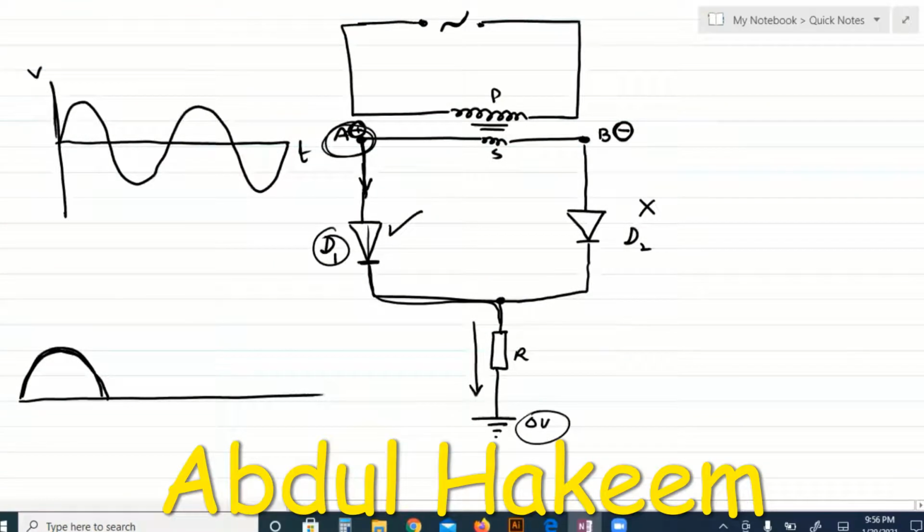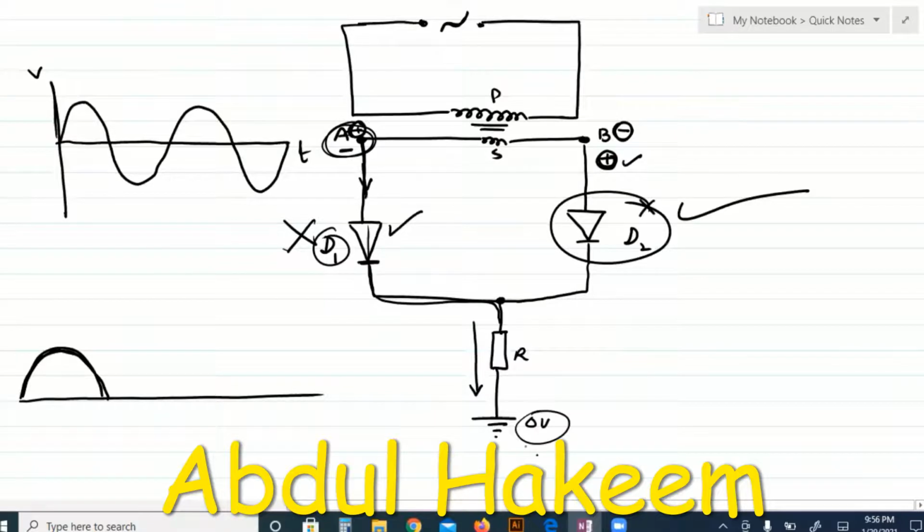But when polarity changes, B becomes positive, A becomes negative. Now D2 is forward biased and D1 is reverse biased. B is positive, high potential, and this is earth, low potential, so the current flows from high potential through this diode D2, and again current is going down.